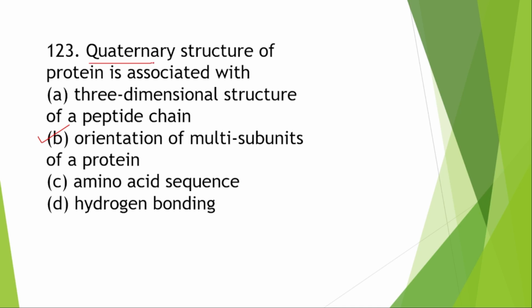Primary structure is the linear amino acid sequence, whereas secondary structure is the hydrogen bonding structure. Hydrogen bonding will be for the secondary structure of the protein, whereas amino acid sequence will be for primary. This is for quaternary structure, and this is the three-dimensional view for tertiary structure. Okay, so he is asking quaternary, we will go with the option B.